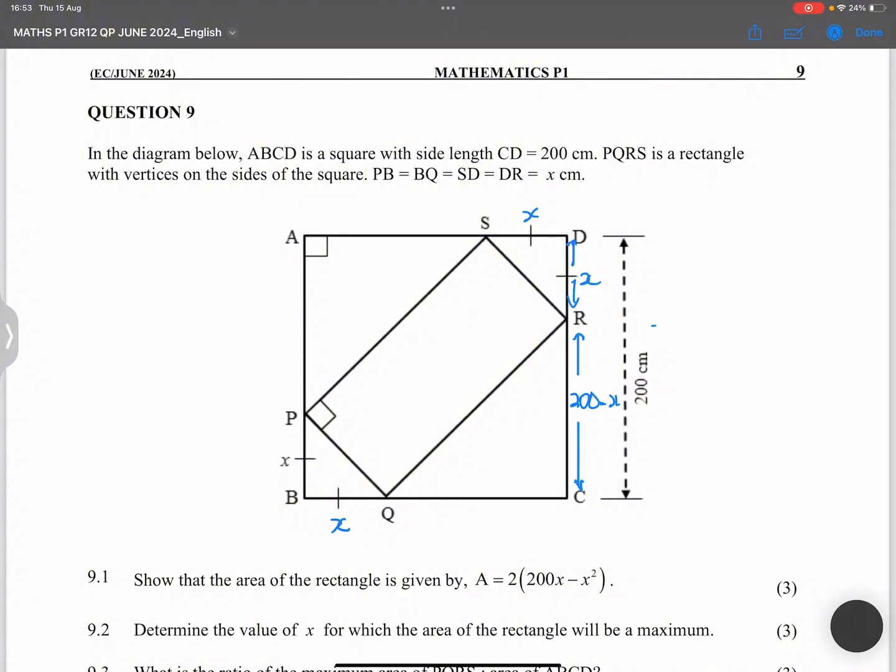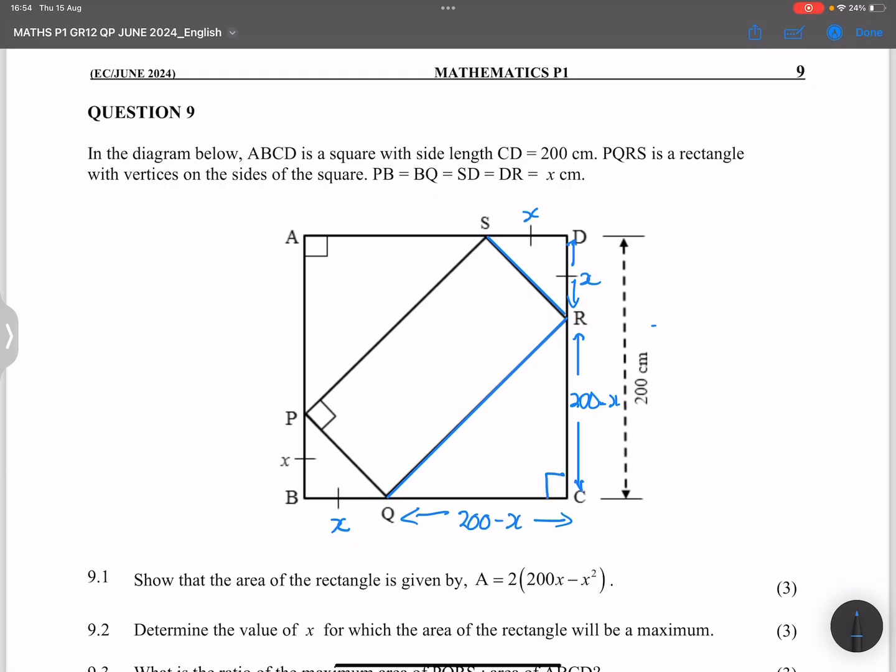Now, ladies and gents, let's quickly have a look at it. Firstly, we need to get this side of the rectangle. It would be easy to get SR. And we need to get this other side of the rectangle, and of course, in this case, we know that this should also be 200 minus x. All right, so now we're going to use the Pythagorean theorem.